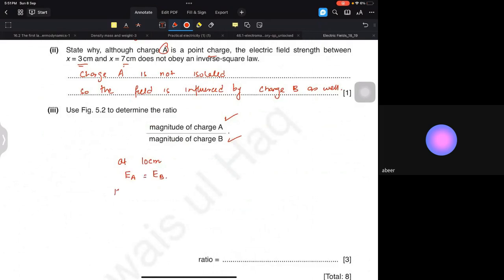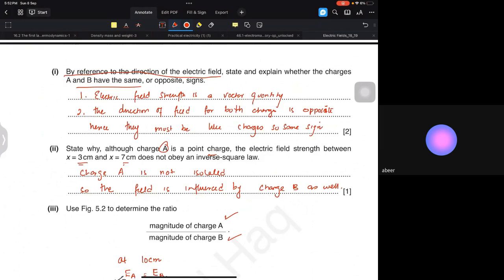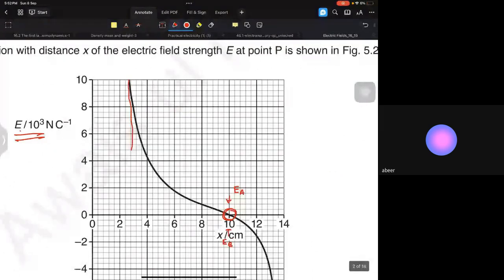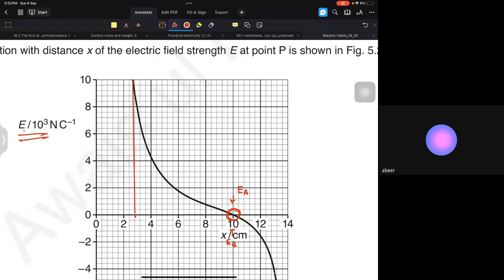Now I'm going to apply the equations. kQ_A over r_A squared equals kQ_B over r_B squared. This is the formula. k and k will cancel out. Now we've got to find the ratio of charge. So Q_A over Q_B should be r_A squared over r_B squared. Now how do we find r? We're going to go from this point and see what exactly is the value from here to the point right here.